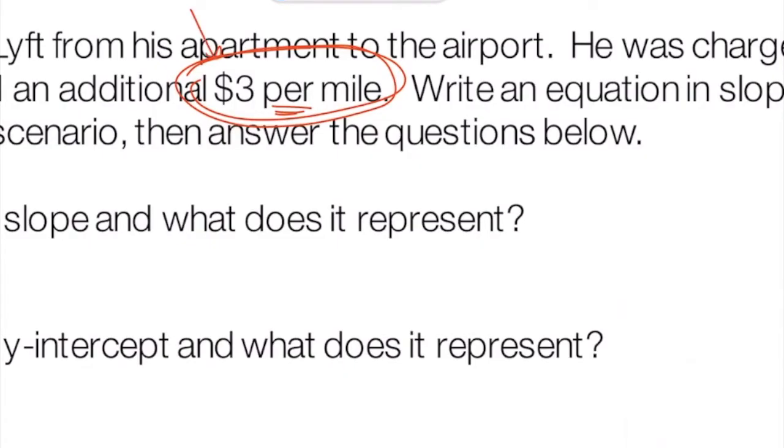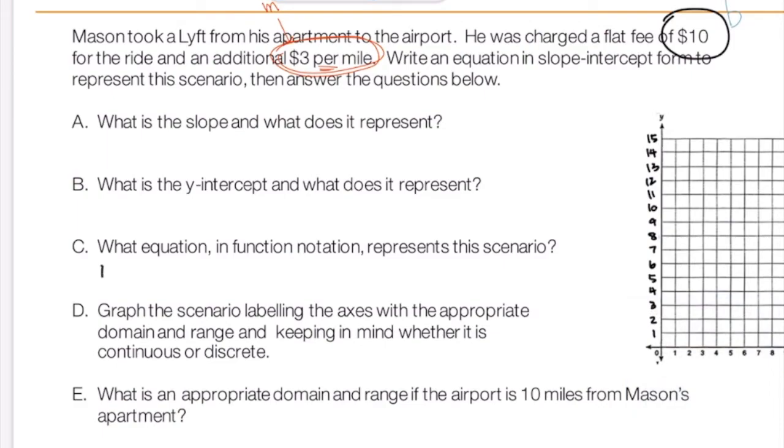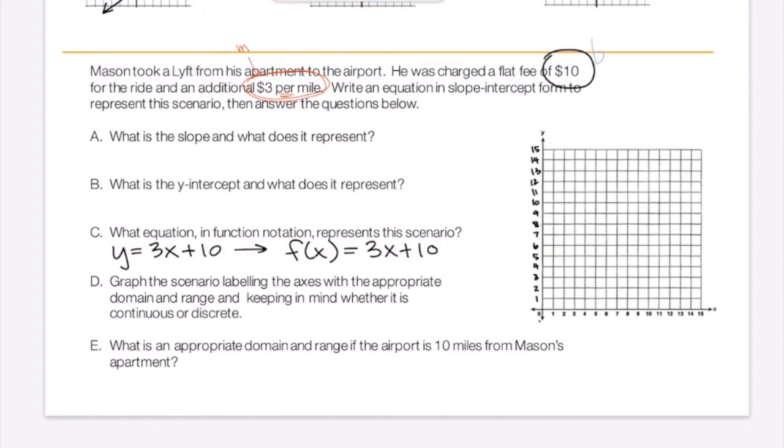So some of you will look at this and automatically be able to tell me that the equation is y is equal to mx plus b, the m is the slope, so that's a 3. The y-intercept is 10, and we'll go ahead and answer this question. It asks for it in function notation, so all you have to do is replace the y with an f of x. Now remember, you can always go back to creating a table and identifying a pattern and figuring out your equation based on that pattern.